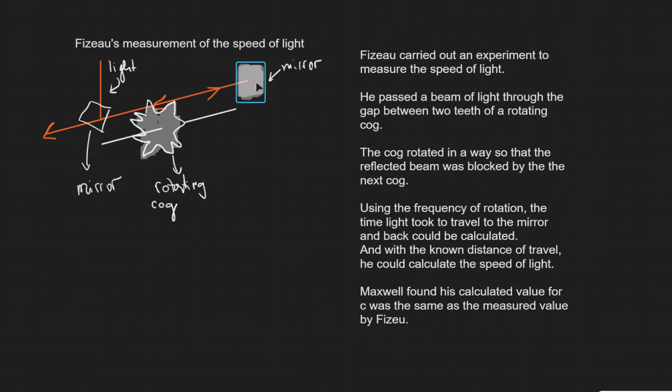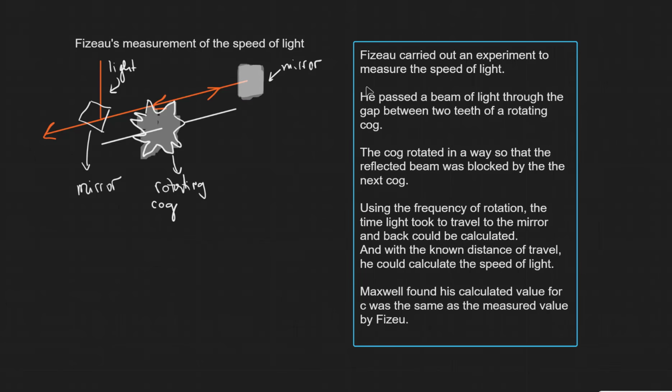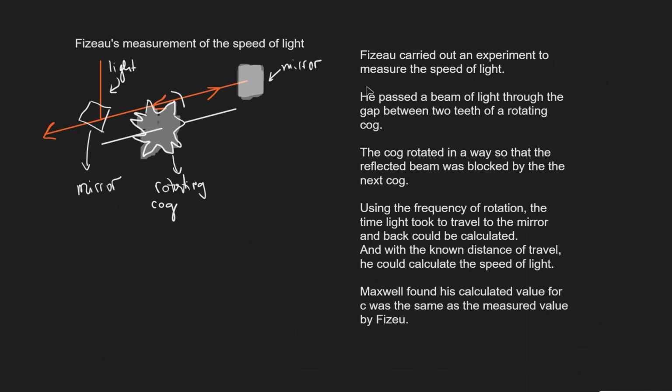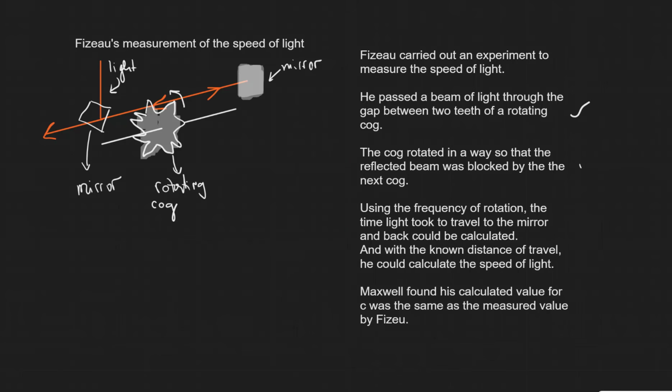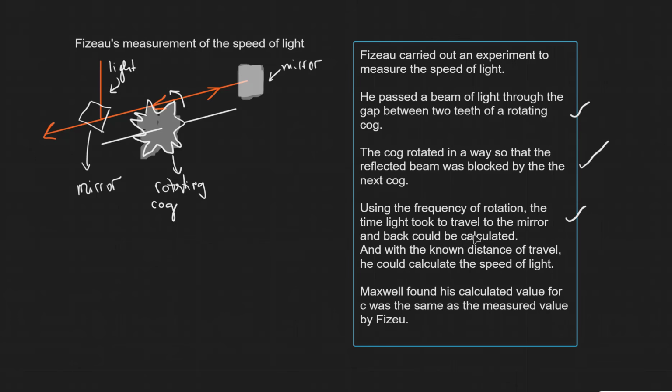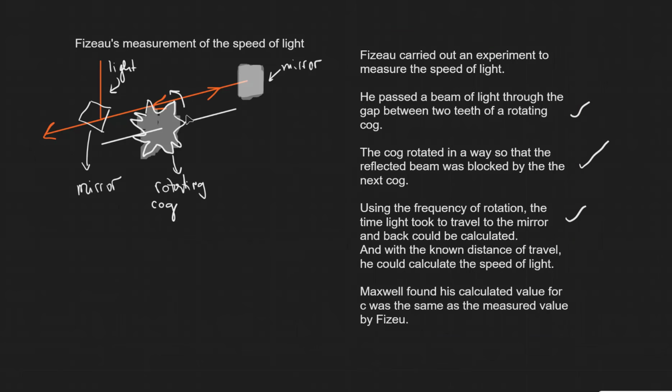It strikes a mirror, and by the time it comes back, as the cog is rotating, the light beam is then blocked. So using the frequency of the rotation, you could actually calculate the time light took to travel to the mirror and back to the cog.